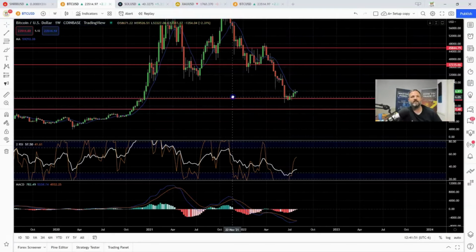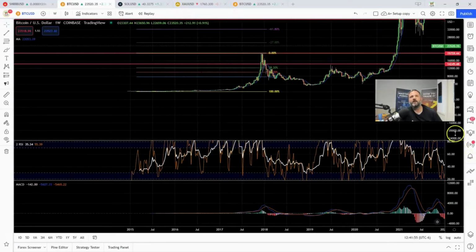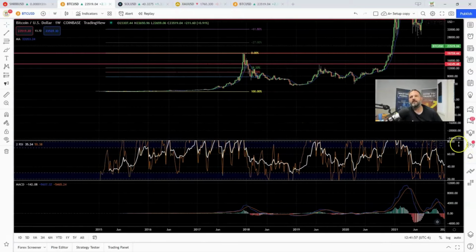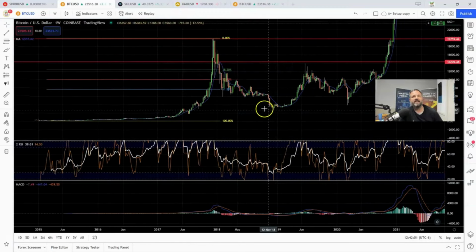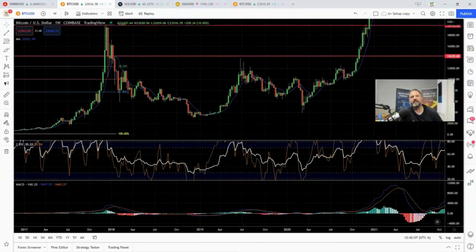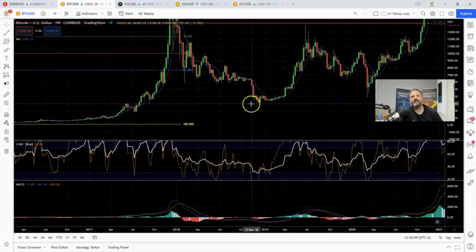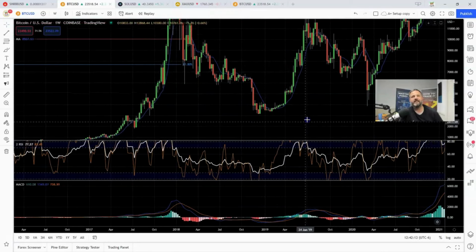If we look at some of the previous bear markets in Bitcoin, for example, if we had traded on a weekly time frame, you can see we had a nice pullback right here, and it just went sideways for weeks and weeks. This is back in 2018, and we hit a sideways market.